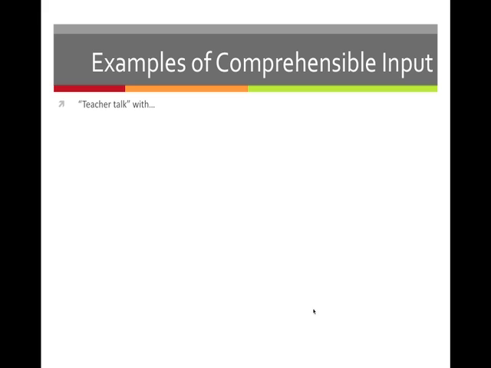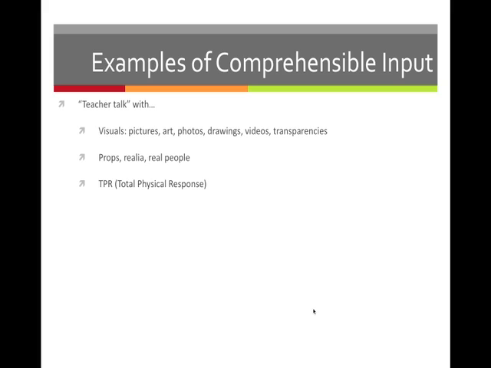Now, there is a large range of ways to do comprehensible input in your classroom. What we discussed earlier were characteristics of comprehensible input, but these are some examples of comprehensible input. All of them include the kind of teacher talk with lots of cognates and repetition.